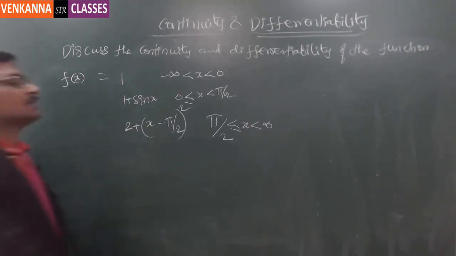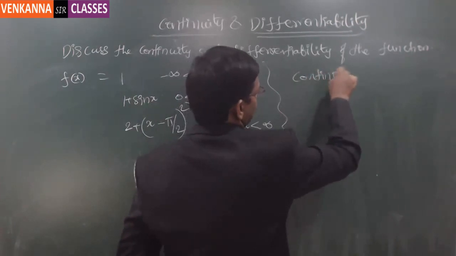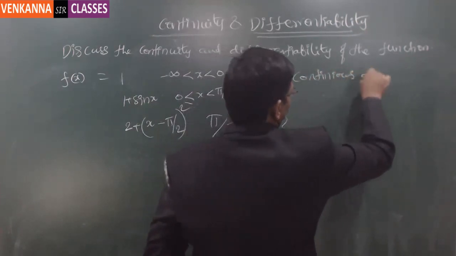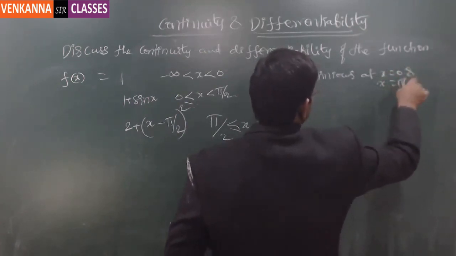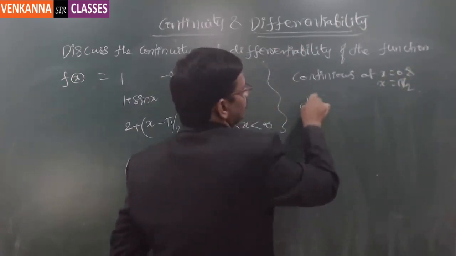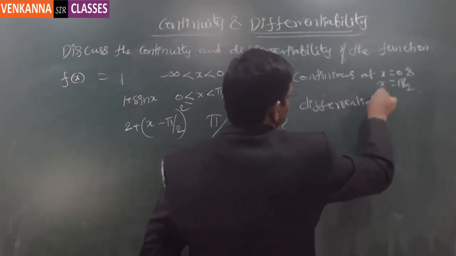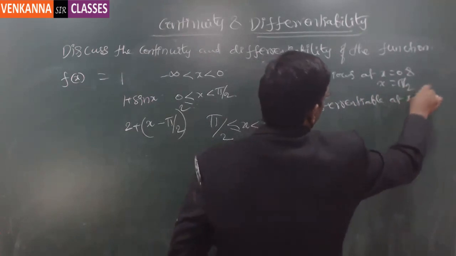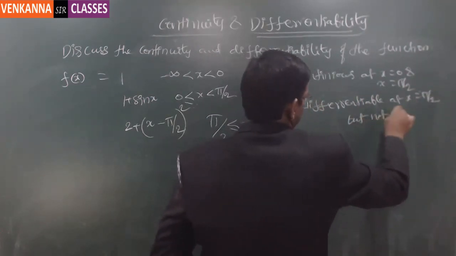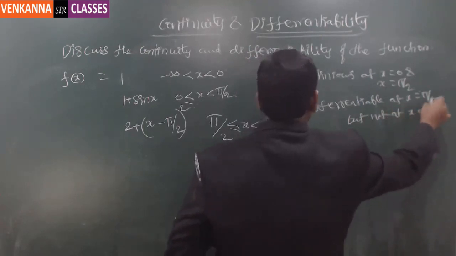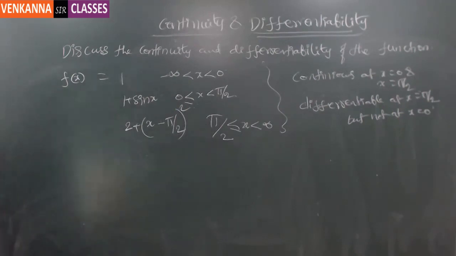So this function is continuous at both places, x equal to 0 and x equal to pi by 2. It is differentiable at x equal to pi by 2, but not at x equal to 0. So this is the answer. I hope everybody got it.